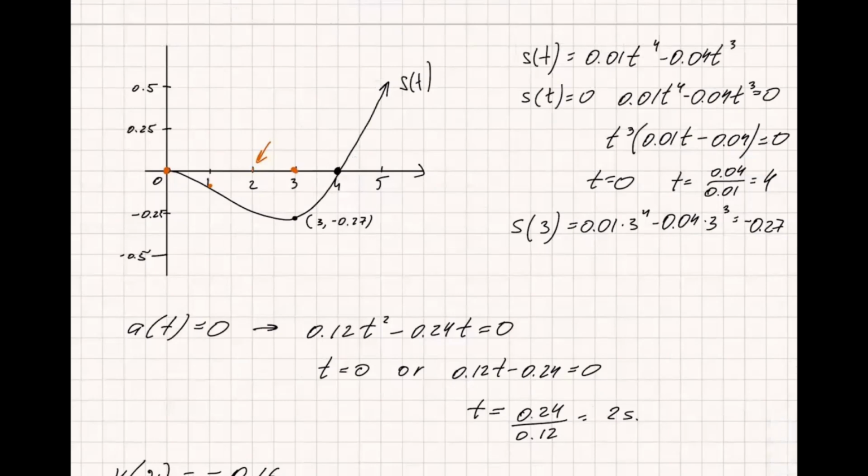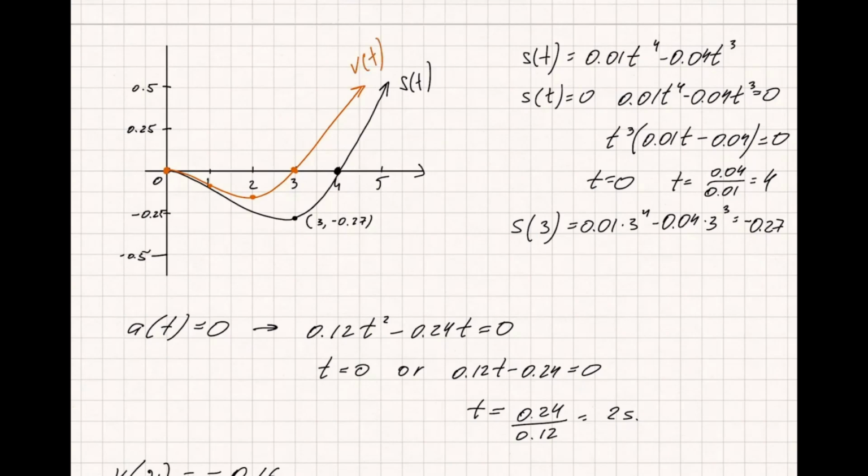At 2 seconds, I have negative 0.16, probably somewhere here. So this is going to be my vertex. Let me now graph this carefully, something like this. So this is my velocity function, right?